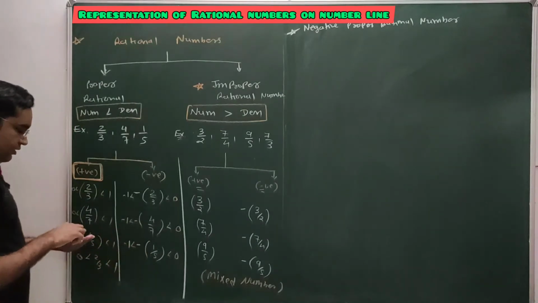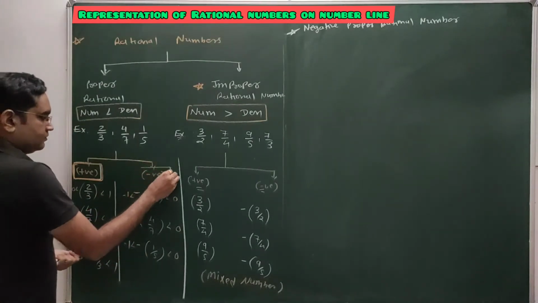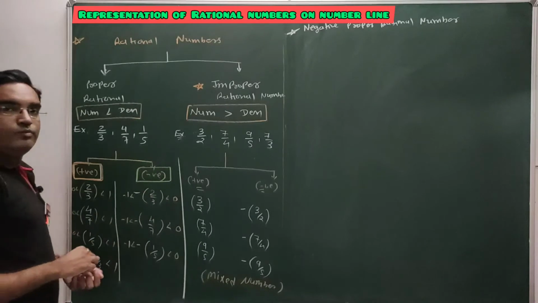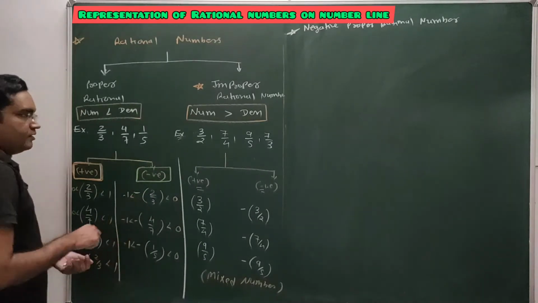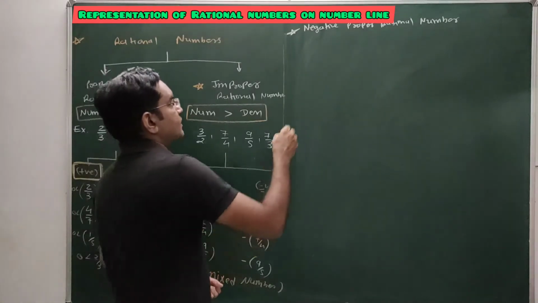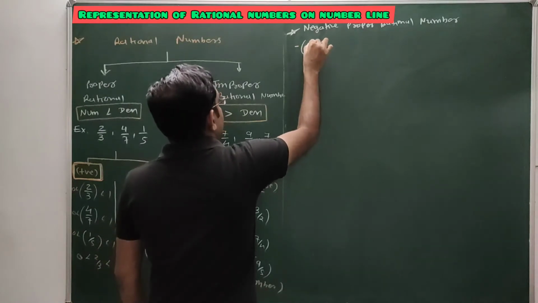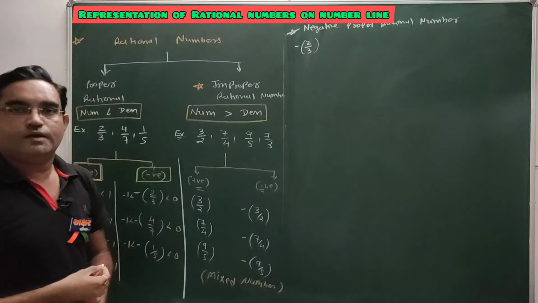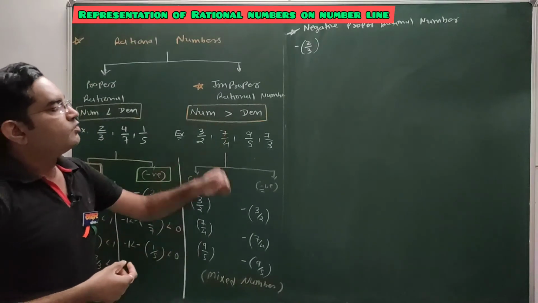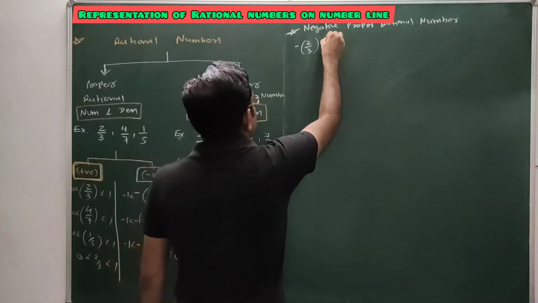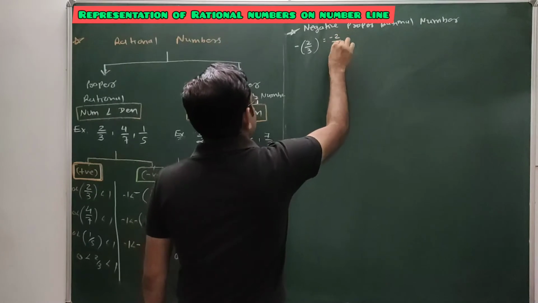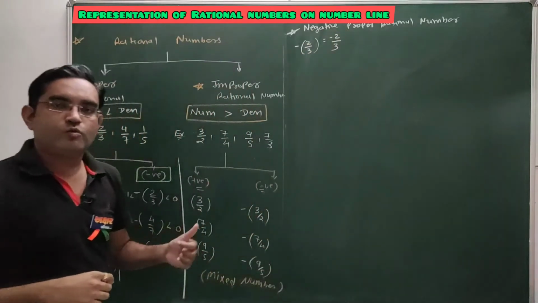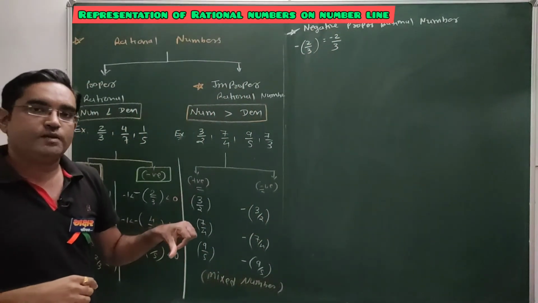In short, this second type of rational number, negative proper rational number. First case, suppose minus 2/3 is given. Minus 2/3, you can also write like this. So this is minus 2/3, minus 2 negative upon 3 positive.